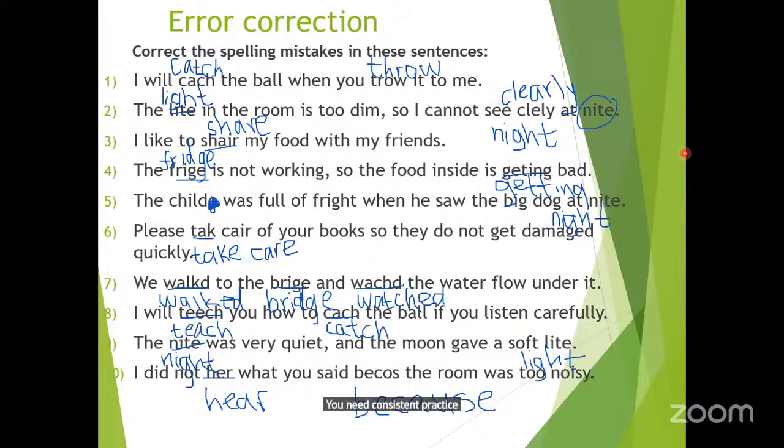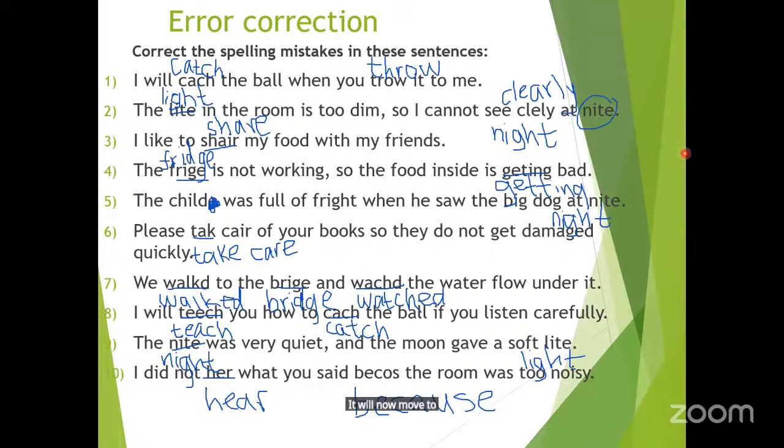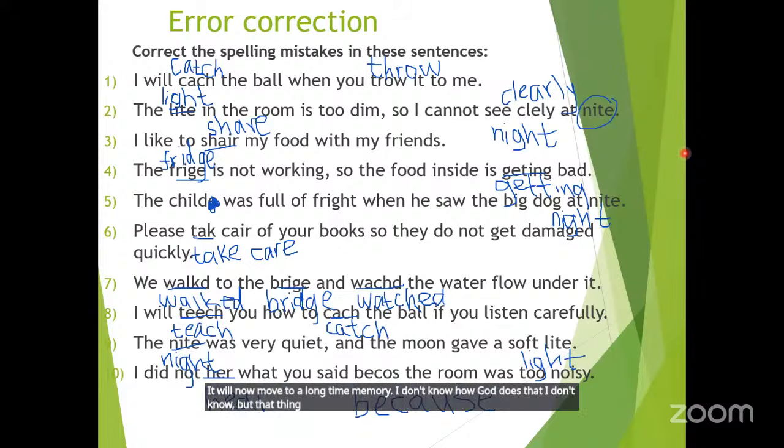We have a long-term memory and a short-term memory. Most times, when you get new information or read something new, it will stay in your short-term memory for a while, then it will move to your long-term memory. Even after some weeks, you can still recall it.